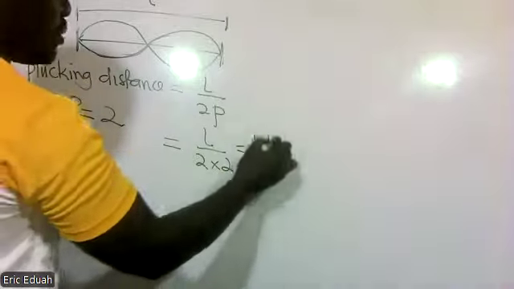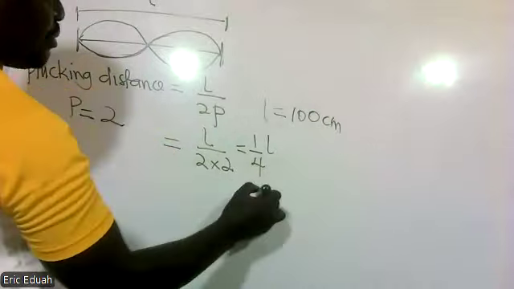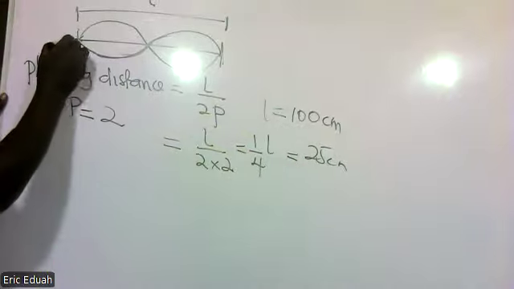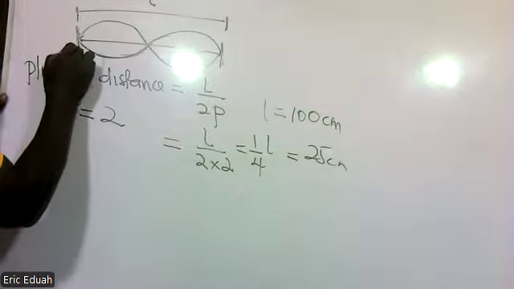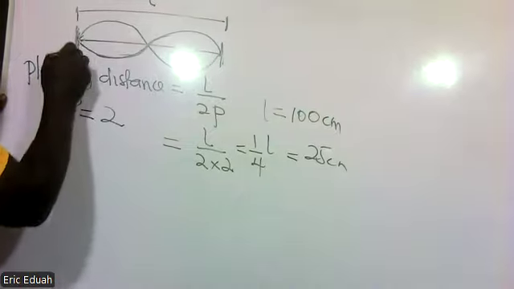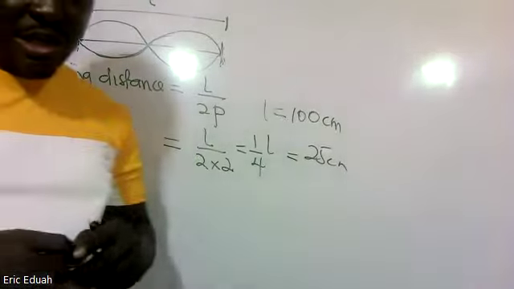Assuming the whole length is 100 centimeter, it must be plugged at 25 centimeter from one end. So to get these 2 loops, from one end, plug from a distance of 25 centimeter, either from here or from here, and you have the 2 loops.